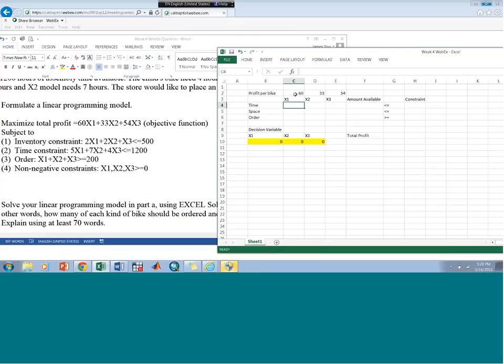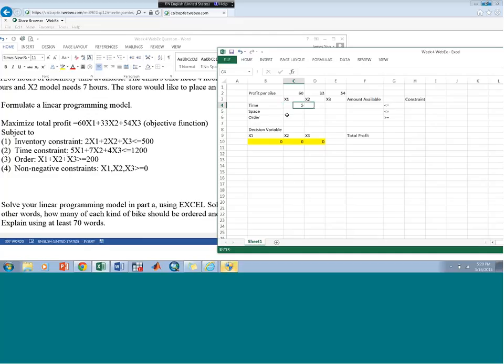Okay, when we construct the resource constraints, there are three constraints here: time, space, and orders. You have to focus on the slope of X1, X2, and X3, and those slopes will go into this section. So the slopes of X1, X2, and X3 in the time constraint should be 5, 7, and 4, right?